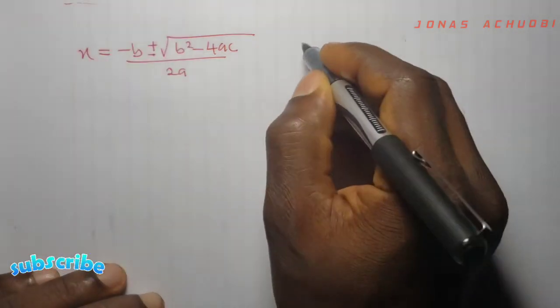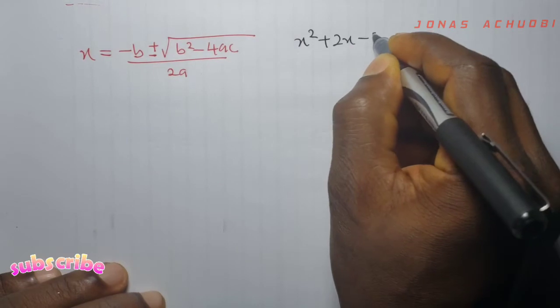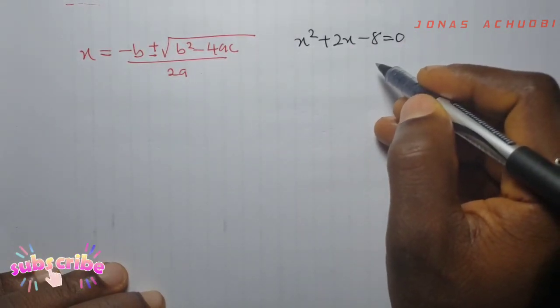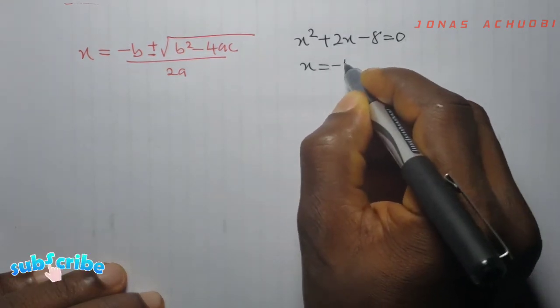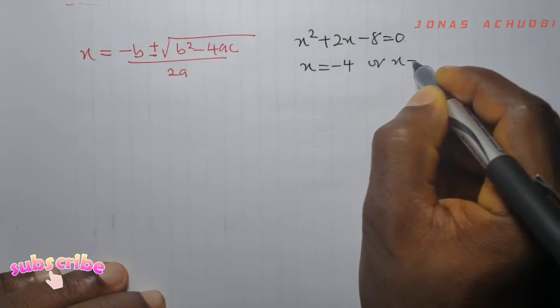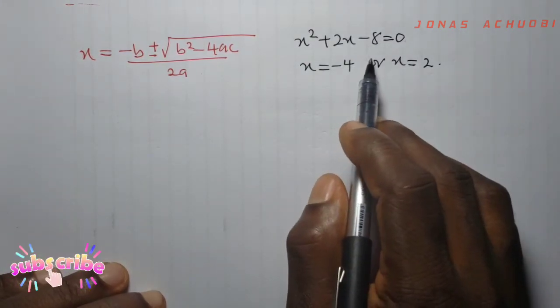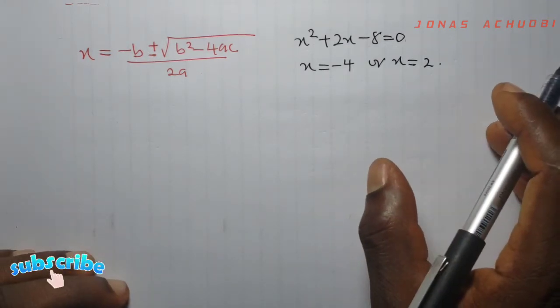The example we solved earlier was x squared plus 2x minus 8 equal to 0, and we solved it using the method of factorization. The solutions we obtained were x equal to minus 4 or x equal to 2. Now, we want to solve this same problem using the formula method to see if our solution will be the same.